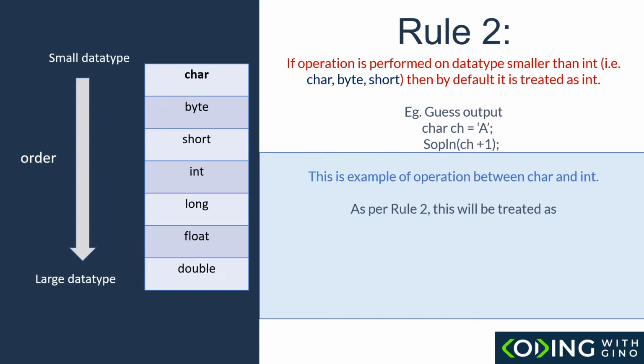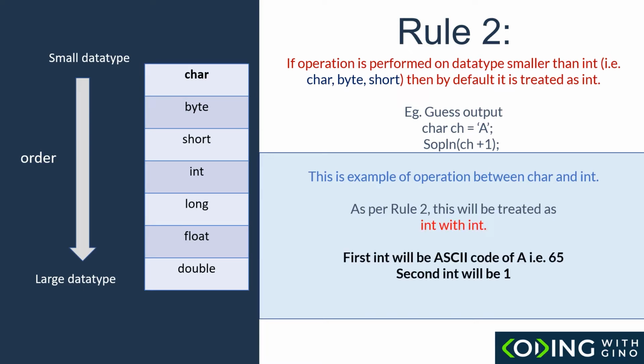ASCII of capital A is 65. Char with int becomes int with int. So we have 65 and 1. Thus, SOPLN CH plus 1 is SOPLN 65 plus 1. The output is 66. That's how, using these rules, you can quickly solve problems.